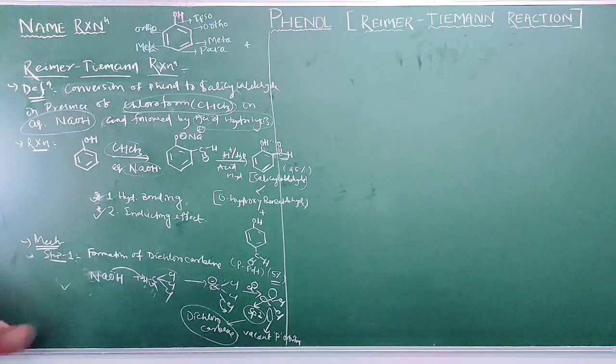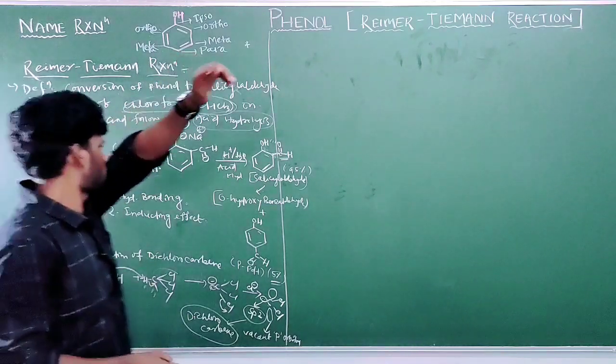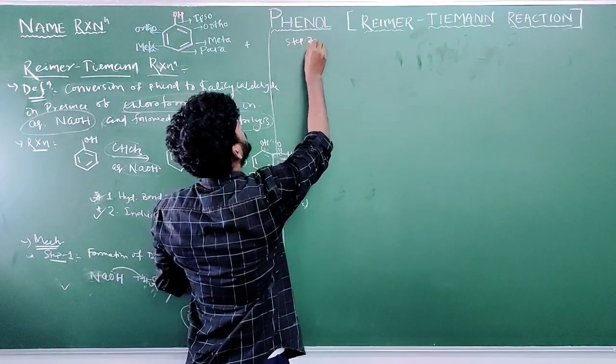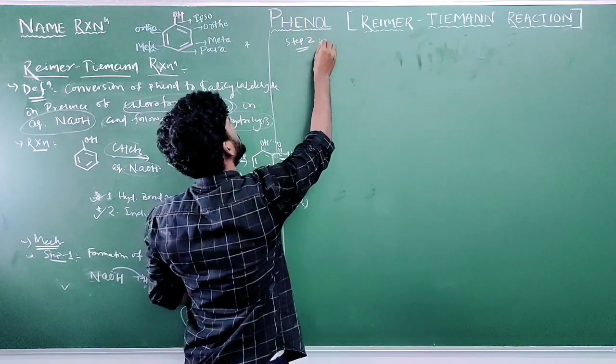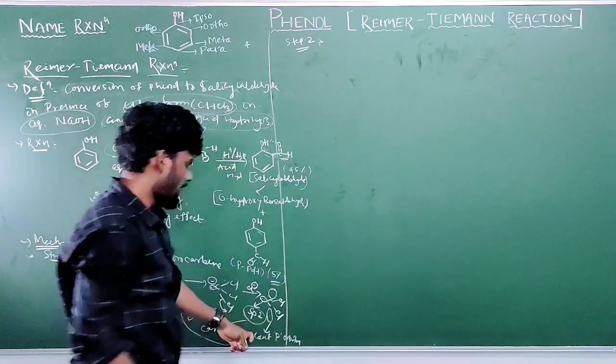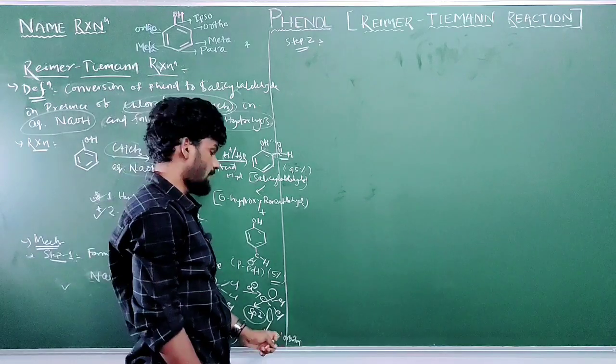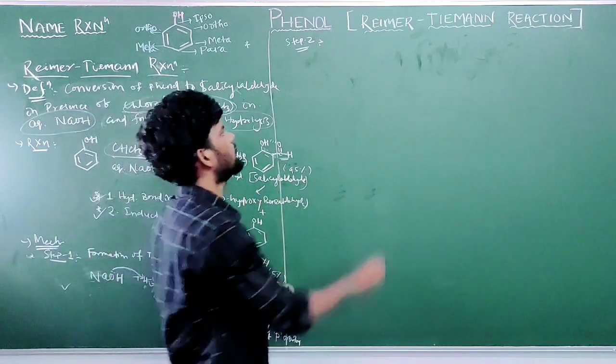All of you understand? Next come to step number 2. Look at this side. In step 2 write addition of dichlorocarbene, the addition of the resultant dichlorocarbene to the phenol ring.